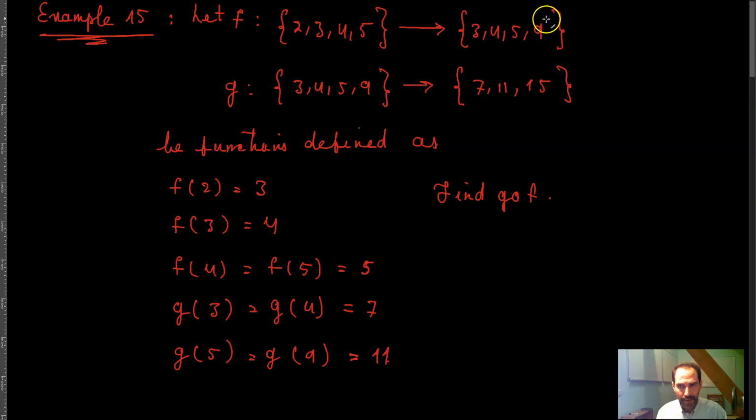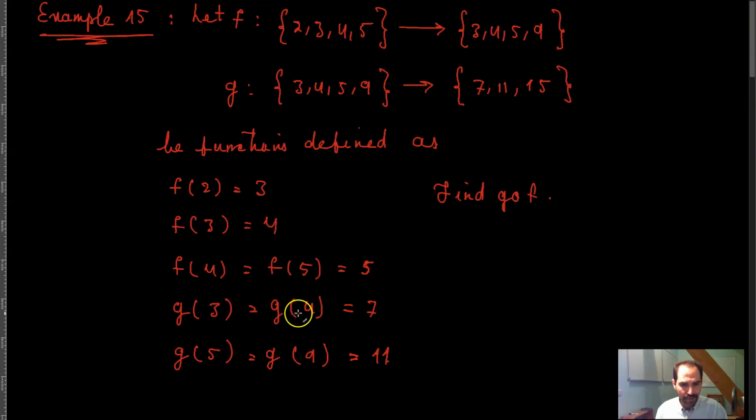Which means that 9 is not the image of any of the members of the domain of f. 9 is not an image of any of the members of the domain here.